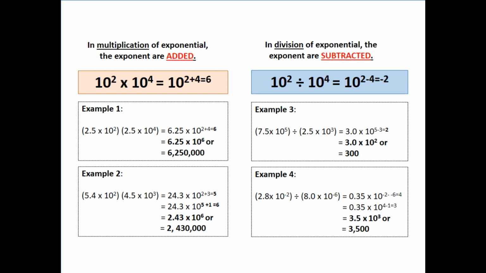So we moved it once to the right. Okay, so if we are moving to the right, we will carry a negative sign. So 3.5 times 10 raised to the power of 3. This is our final exponential form. Okay? So if you're going to transform this to its standard form, we have 3,500.